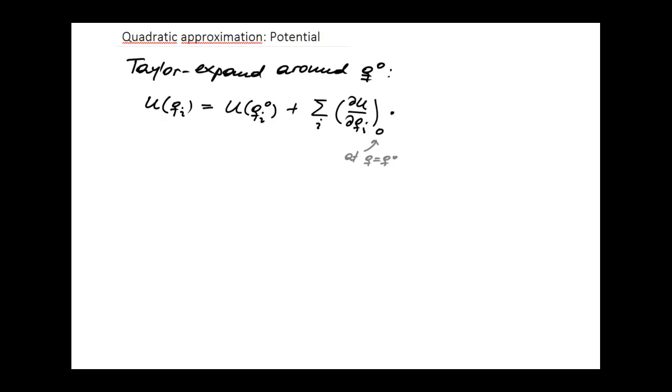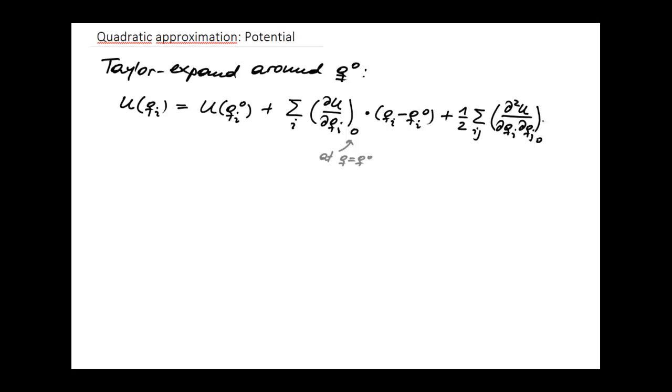So we have to multiply this partial derivative with Q minus Q naught. And then we have a second order term, sum over ij. Then we get the matrix of second order partial derivatives of the potential with respect to Qi and Qj, again evaluated at the equilibrium configuration.